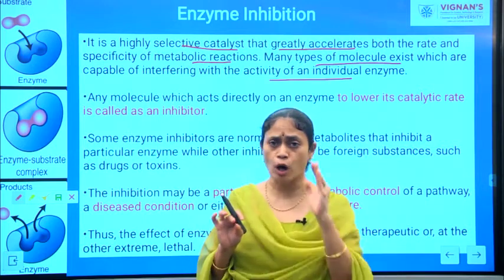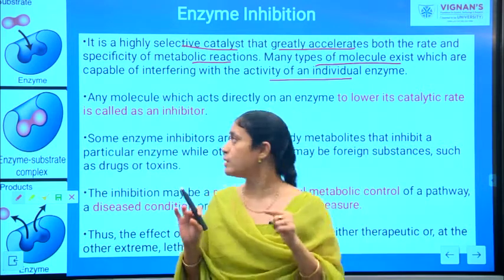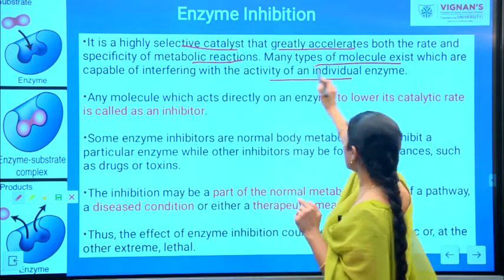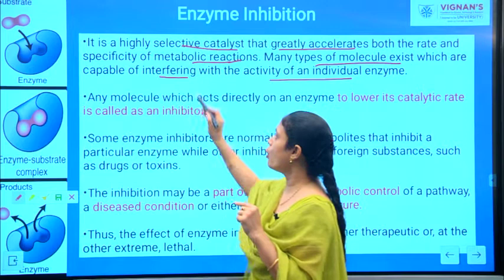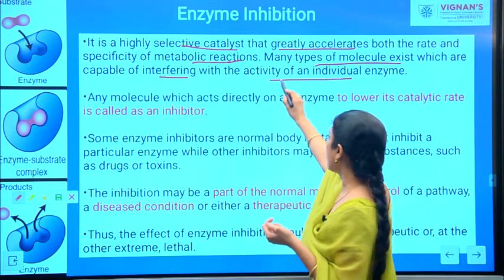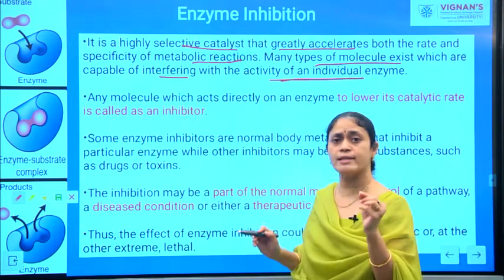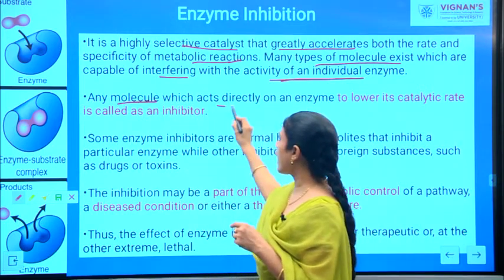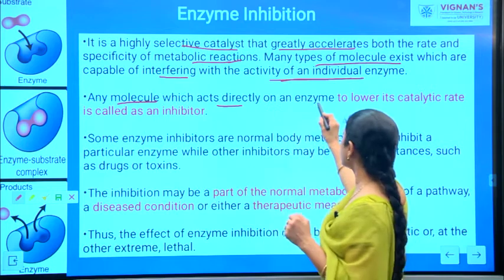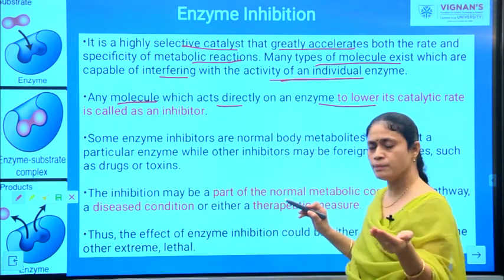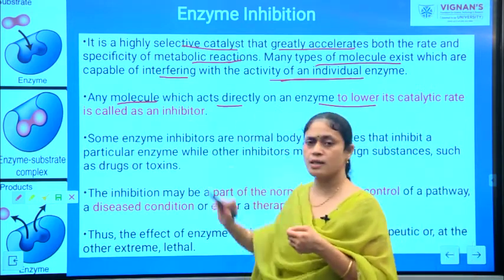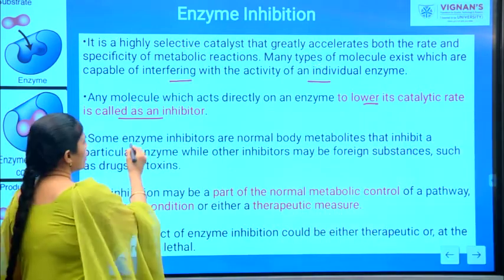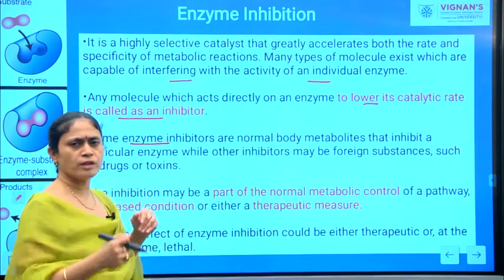There are certain molecules which can inhibit the metabolic reactions. There are many sorts of molecules capable of interfering with the activity of individual enzymes, and the molecules which act directly on the enzyme to lower the catalytic activity are your inhibitors. So, what is the nature of these inhibitors?